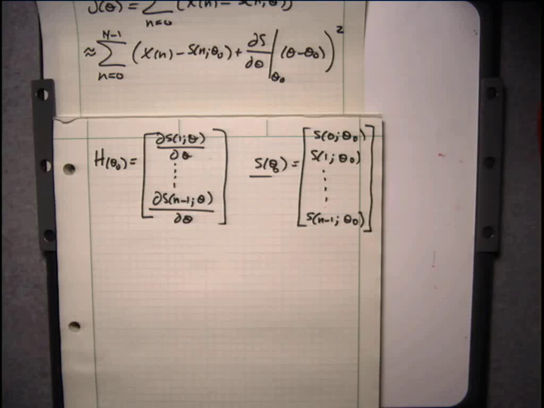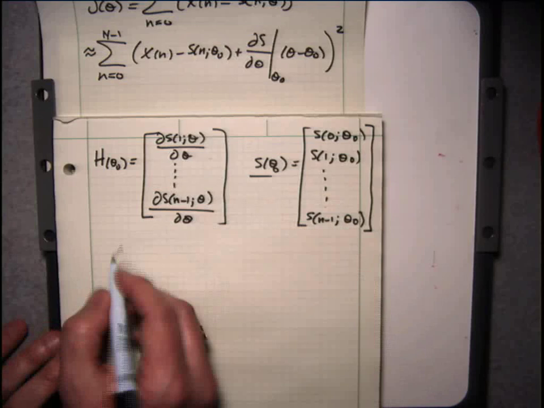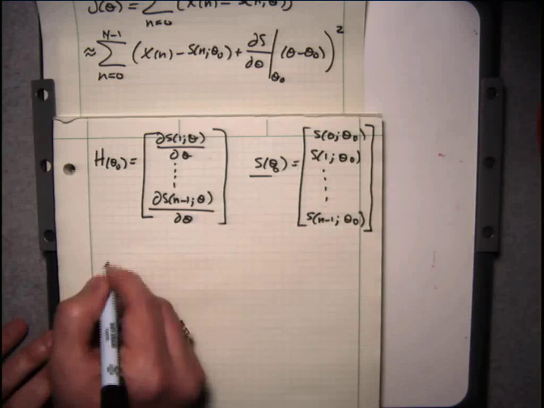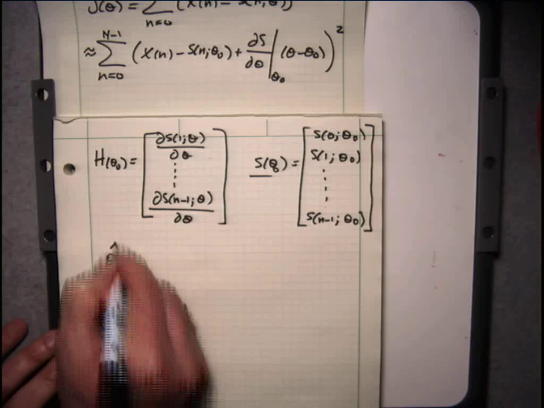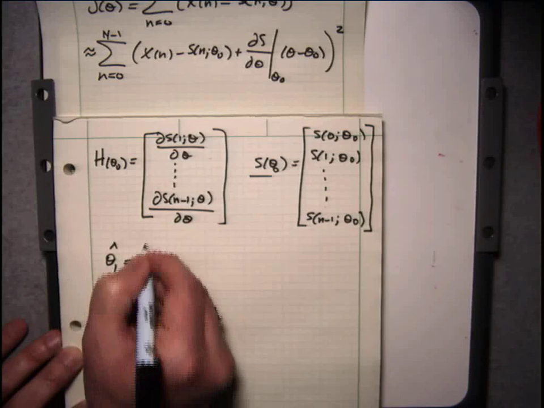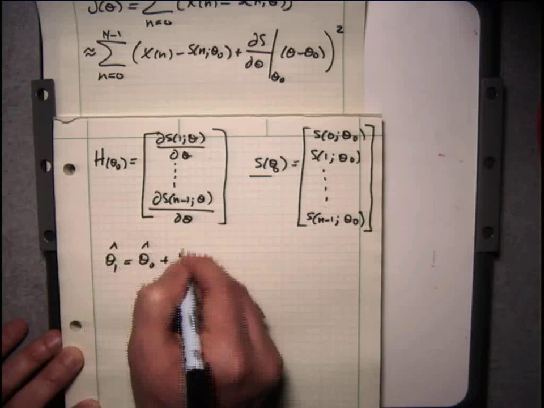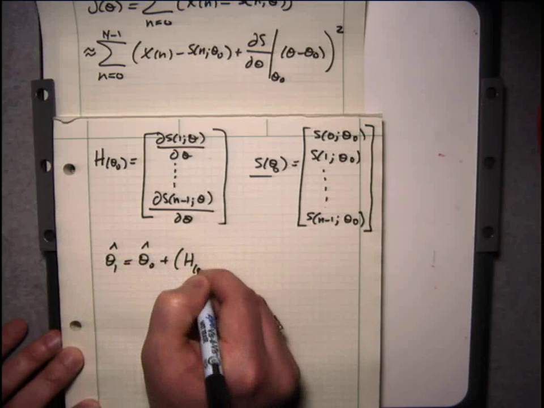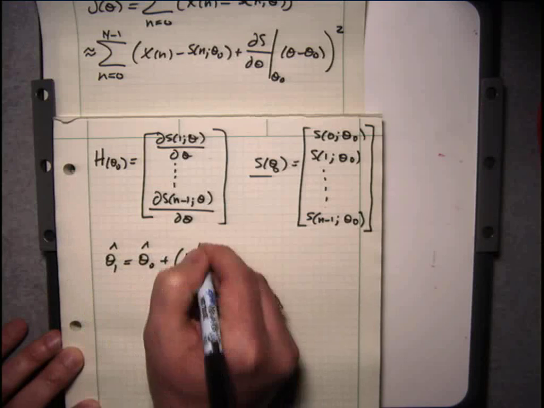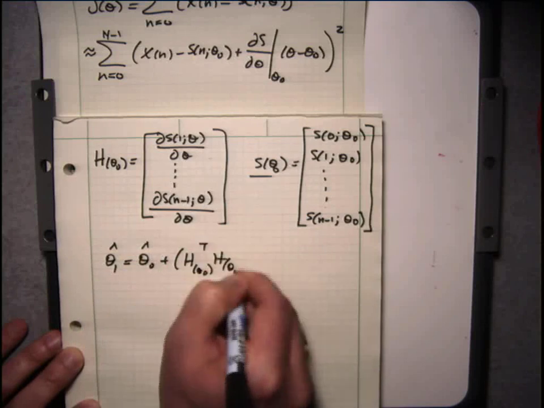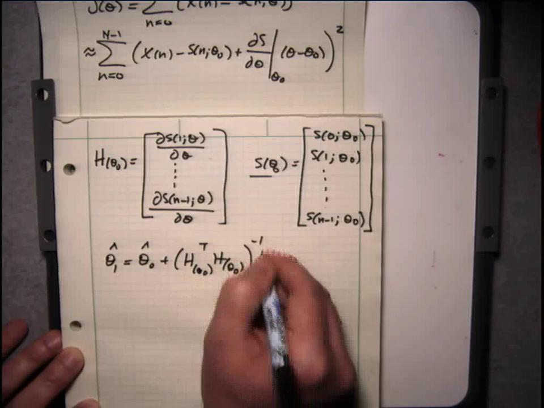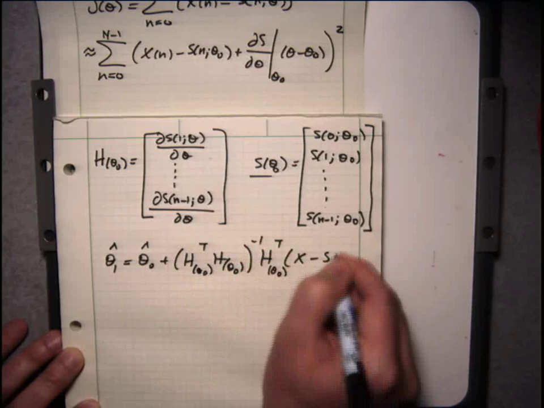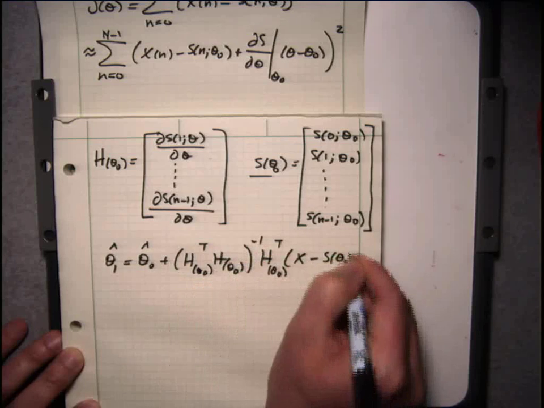If you solve this linear least squares problem with this definition, let's just do it for one step. Once you've done this for theta 0, what you get is theta 1 hat, the next estimate, which is theta 0 hat plus H of theta 0 transpose H of theta 0 inverse, H of theta 0 transpose, times x minus s of theta 0.